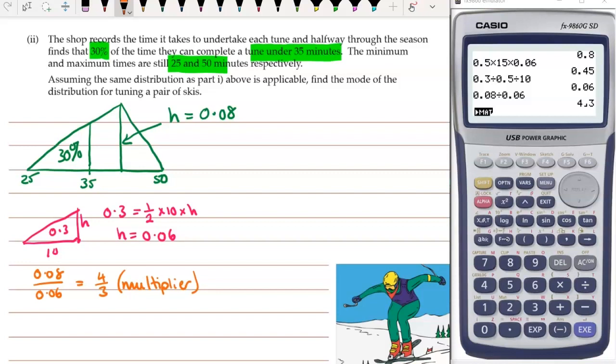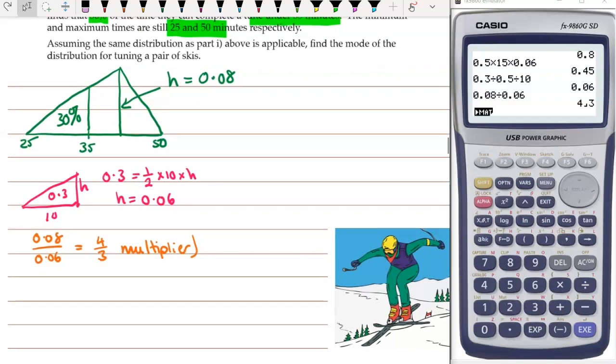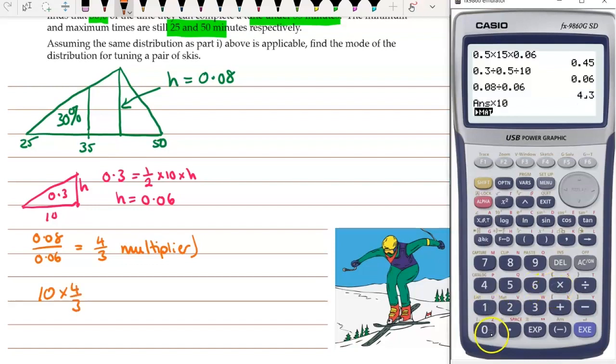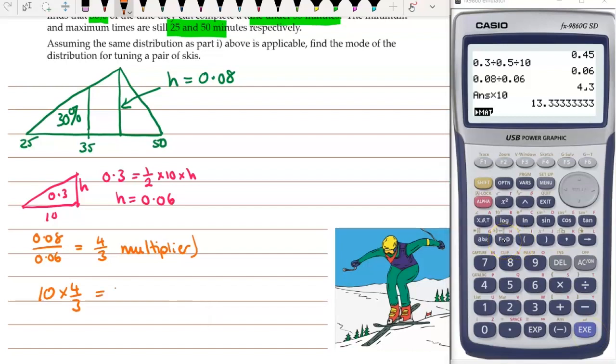Okay, so that's how many times bigger this big triangle is compared to the little one here. Now that same multiplier will apply to the base. The base here was 10, so 10 times 4 over 3 is going to get us 13.3 for the base of the bigger triangle here.